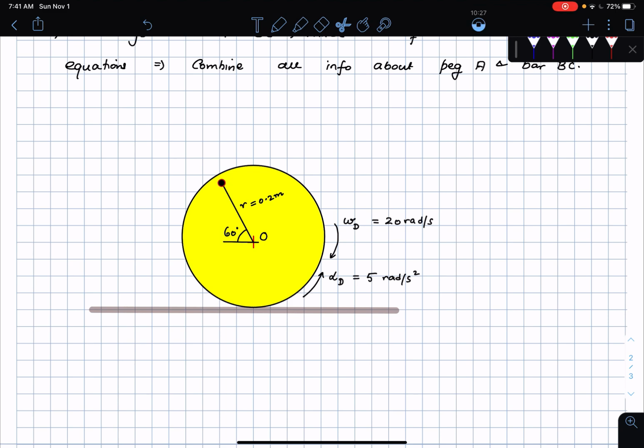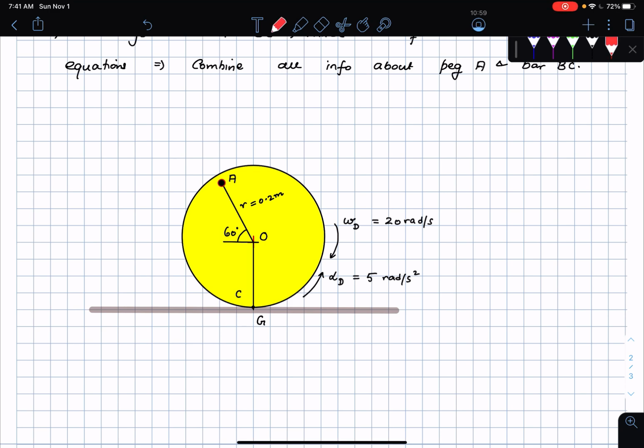Now I'm going to set up a coordinate frame. I know the direction of omega d and alpha d, where d is for the disk. Let me call the point of contact with the ground point C, and draw a straight line connecting the two. This is point A here, this is point C, and this is G, which is on the ground. Then I set up a coordinate frame.